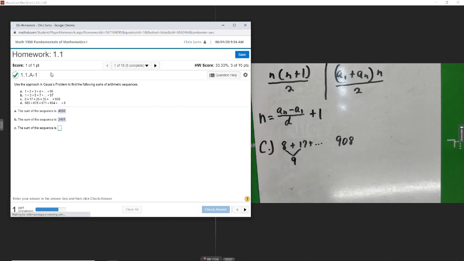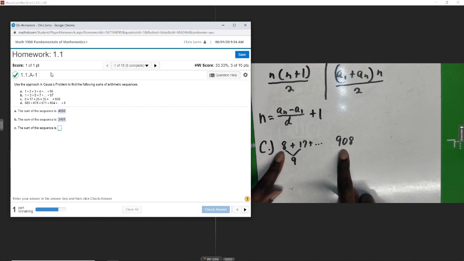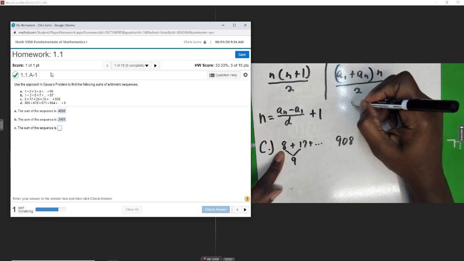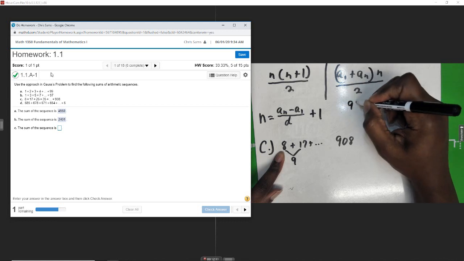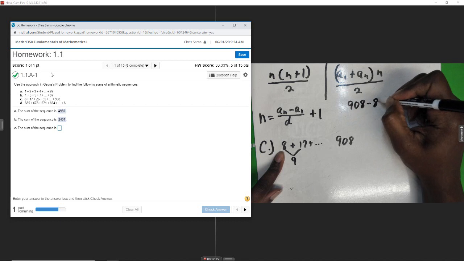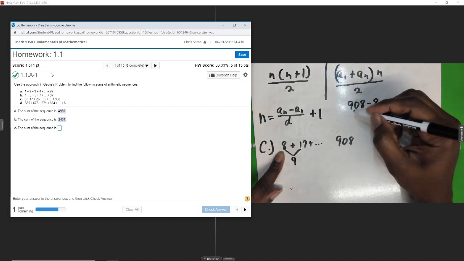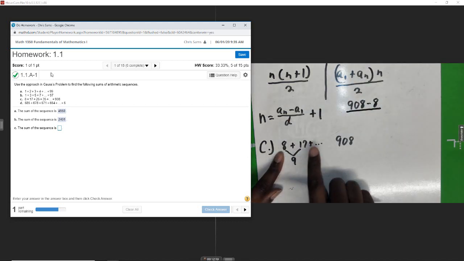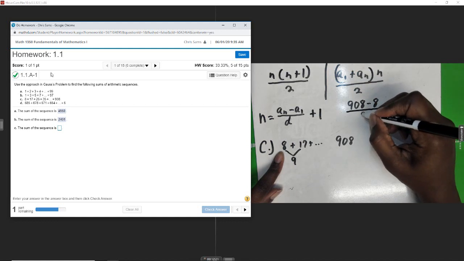So if I wanted to figure out how many terms this sequence has, what I would do is take 908 and subtract 8. So I'm going to do this formula right here. 908 and subtract 8. We're going to divide by 9. That's the difference, because each term is counting by 9 to get to the next one.